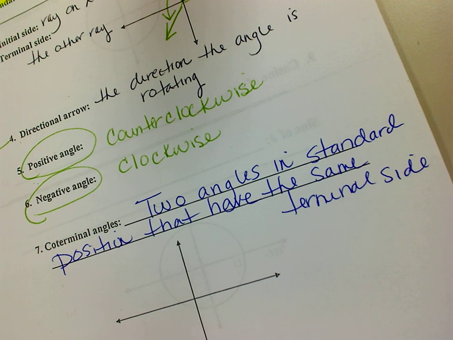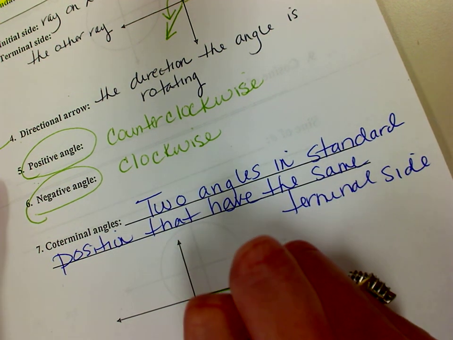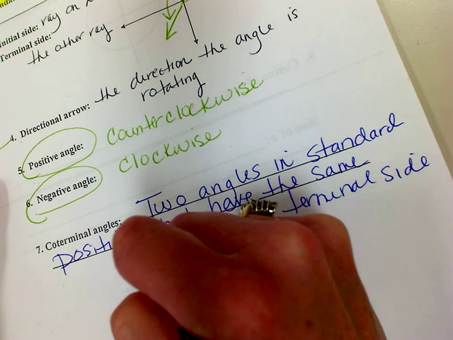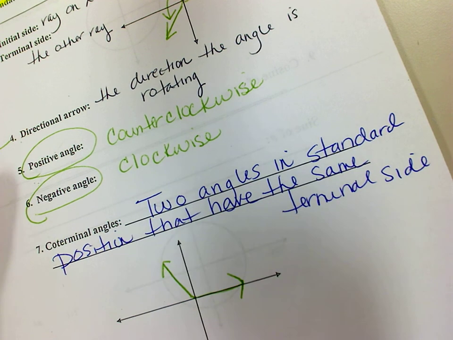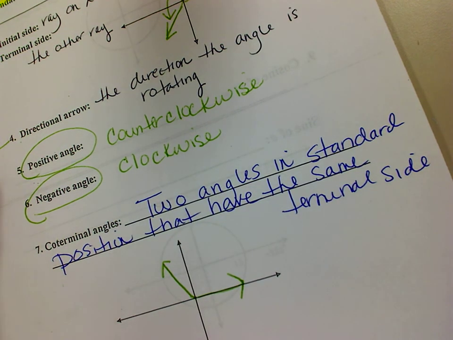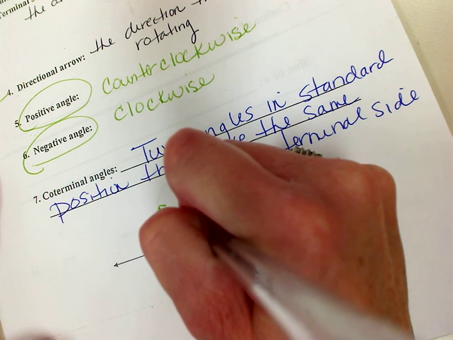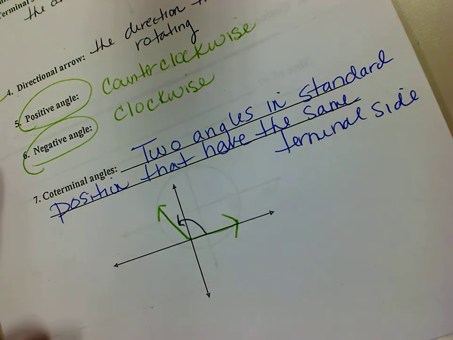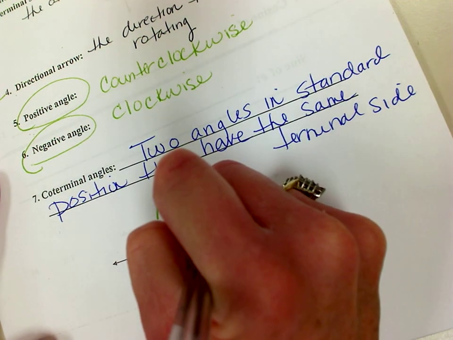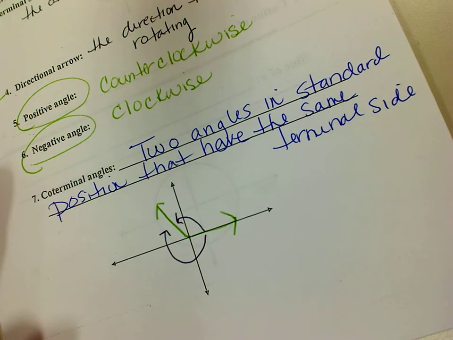Okay, so for example, let's say that here is my following angle. So here's the initial side, here's the terminal side. So really I could get two angles out of this. I could have one going counterclockwise, and I could have one going clockwise.